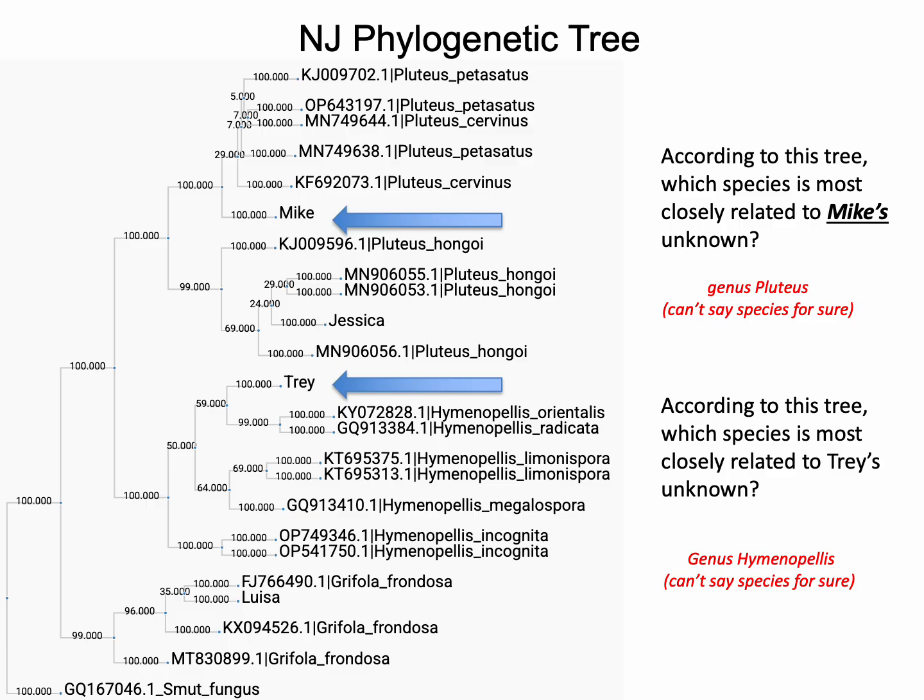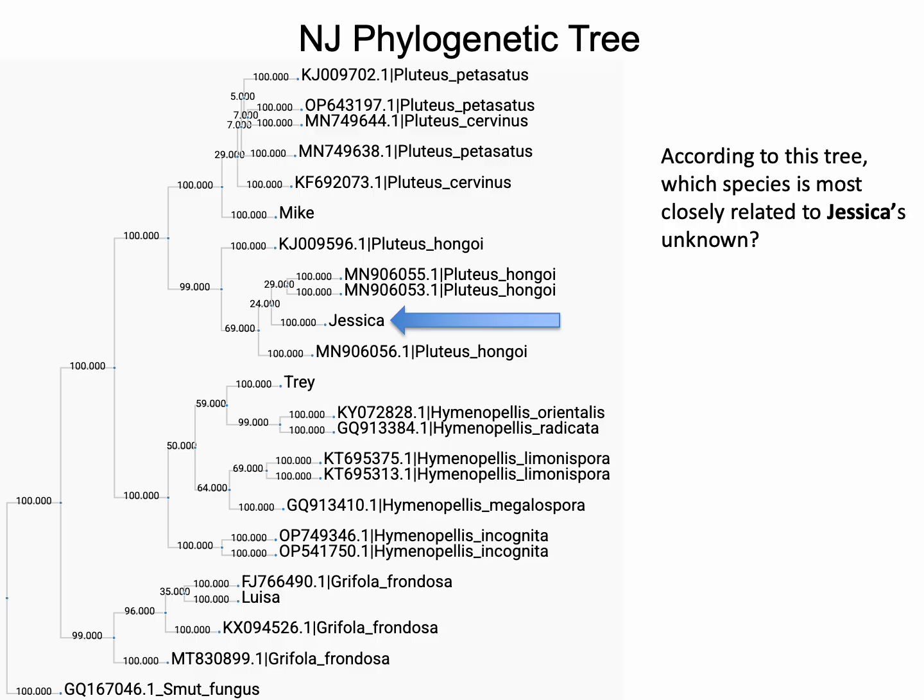We can't say for sure which species Trey's sample is, but we can say that it's very closely related to different species, all members of the genus Hymenopellis, whether it's Orientalis, Radicata, Limnospora, Megalospora, or Incognita. Trey is certainly within a clade that only has members of that genus, and almost certainly a member of that genus as well.